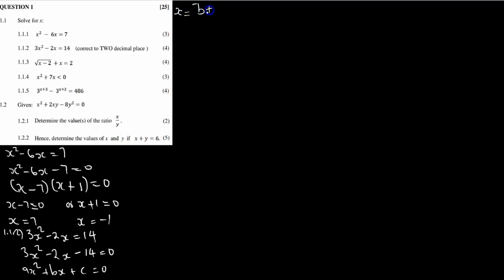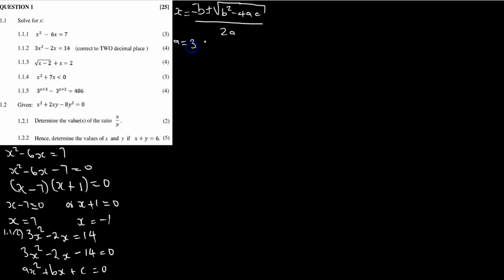equals negative b plus or minus the square root of b squared minus 4ac, and all that is over 2a. So we can just put the negative there. So you know that your a here is 3, your b is negative 2, your c is negative 14. So just include the signs.